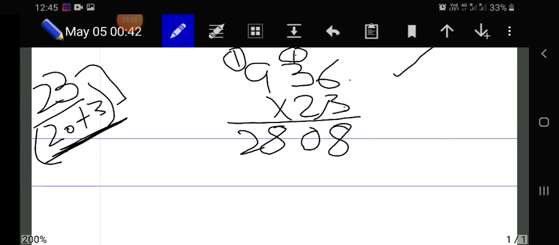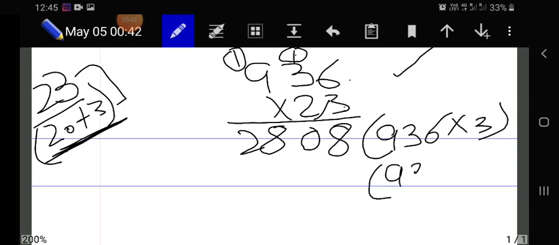As the place value of 2 in this is 20, we are going to multiply 936 with 20. Okay, so let's just start. So this is the solution of 936 multiplied by 3, and now we are going to do the multiplication 936 multiplied by 20.